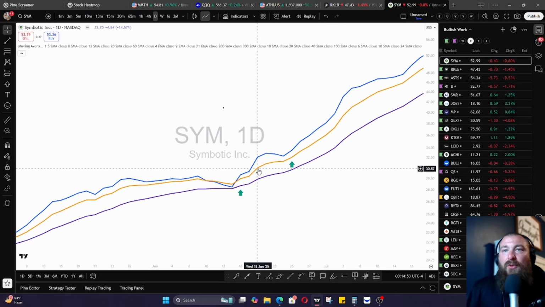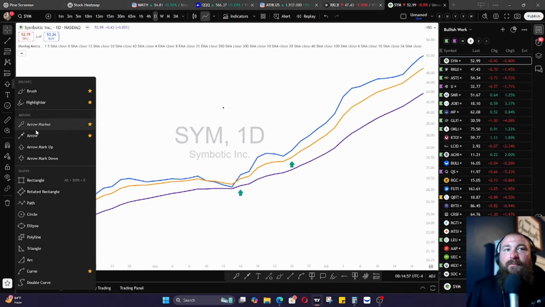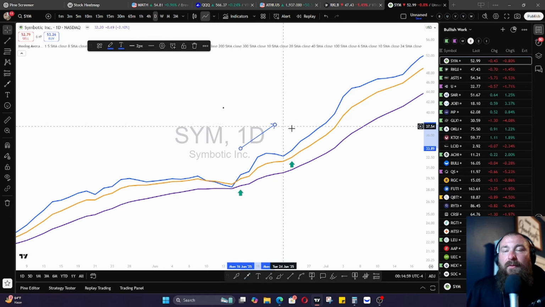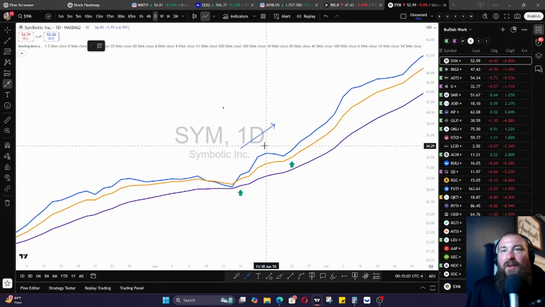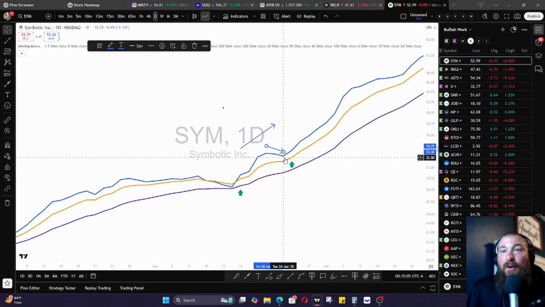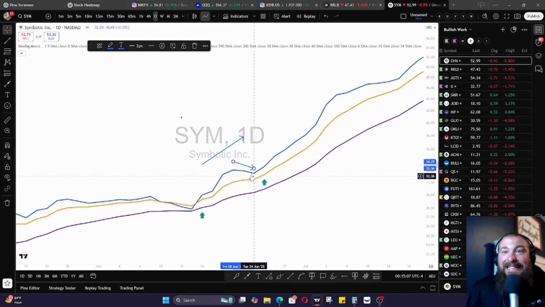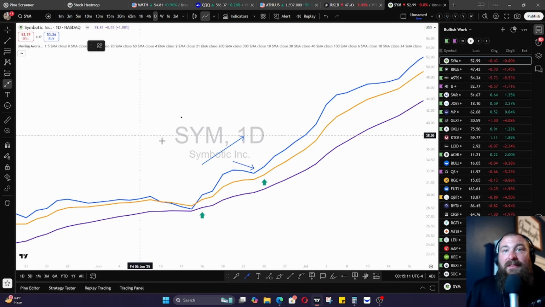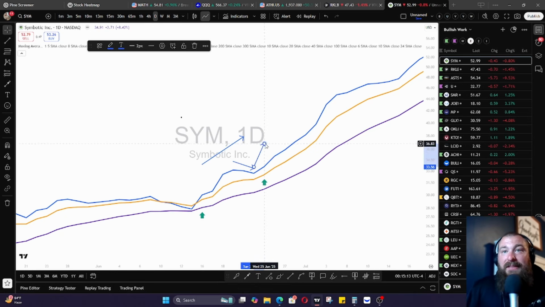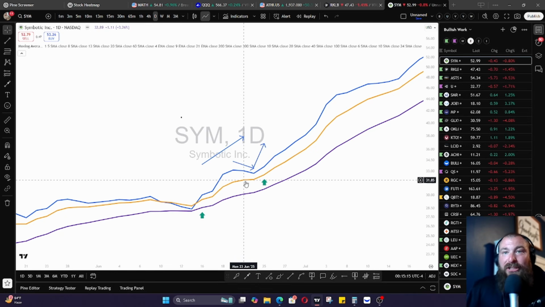Yes, look at the blue, the orange, and the purple. They're all trending higher. And then what do we see happen? We see the 4 EMA compress against that 9 EMA, and then it expands, right? So we're having that compression right here.